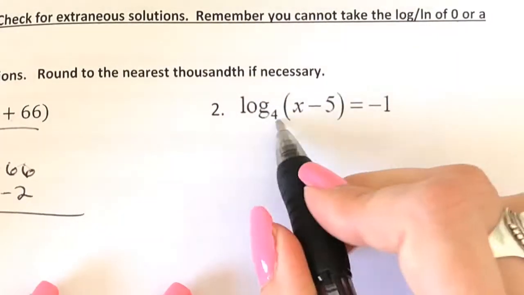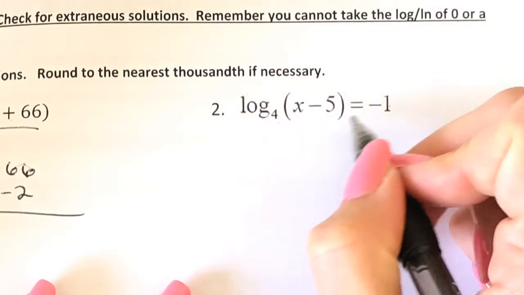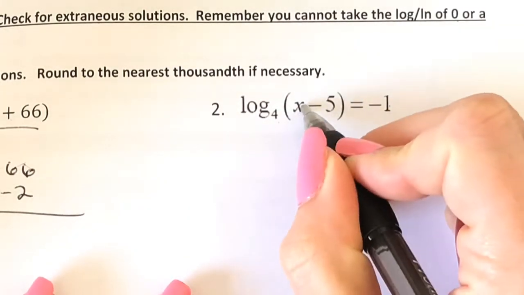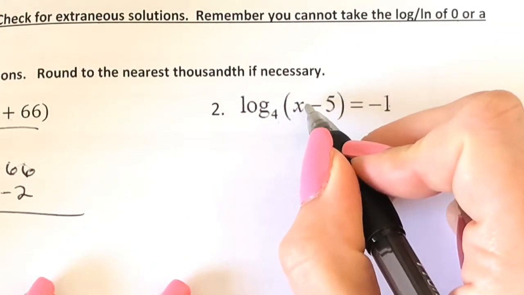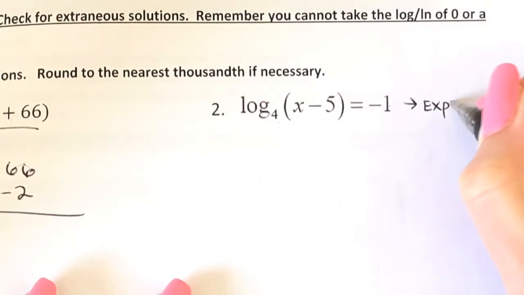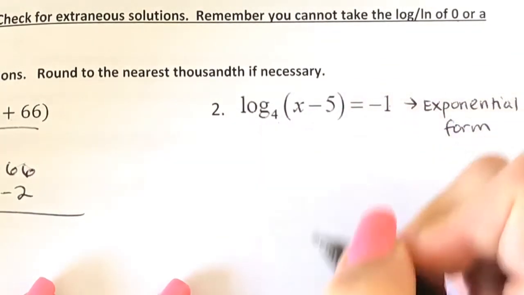On this one, we don't have logs on both sides, so we're not going to use that principle of log equality. You'll notice that when you have equations like this, where you have a log equal to a number and your variable is inside the log, what you're going to want to do is go to exponent form. So getting it into exponential form is going to allow you to get the x outside of the logarithm.